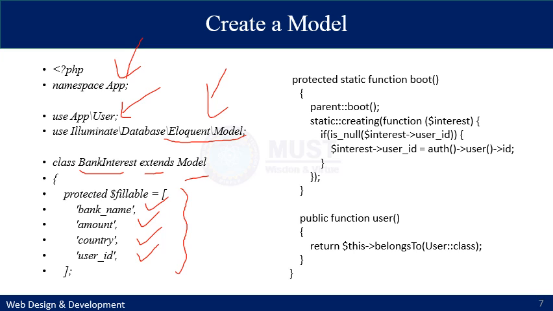And then we have a boot function which will call the user ID when you are creating a new bank interest. It will assign the currently logged in user's ID, and this interest belongs to the user. That means this is related to the user and no other party can create this model unless that party is a user of our application.